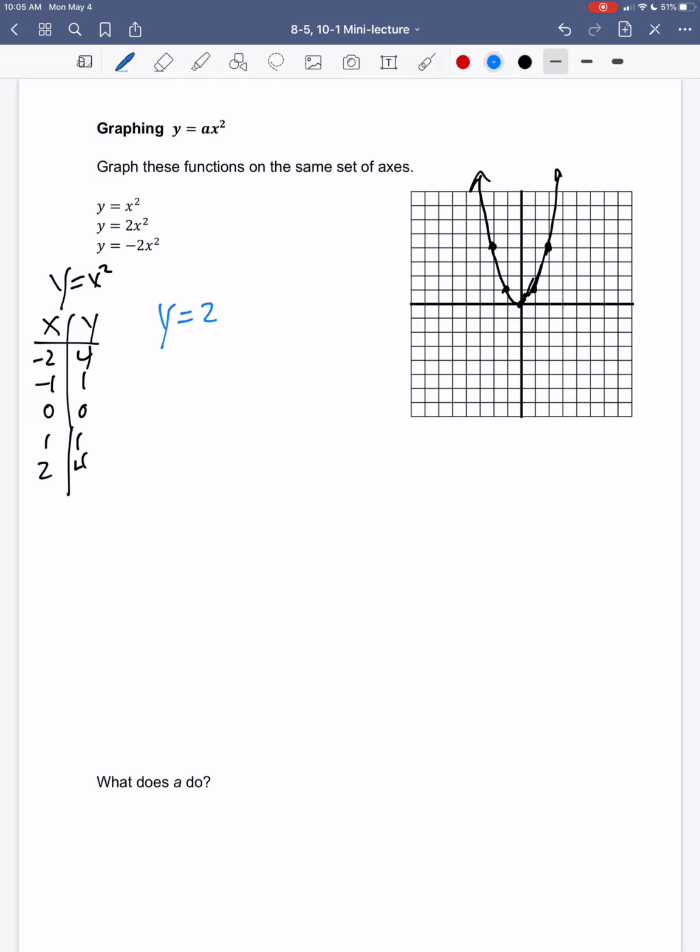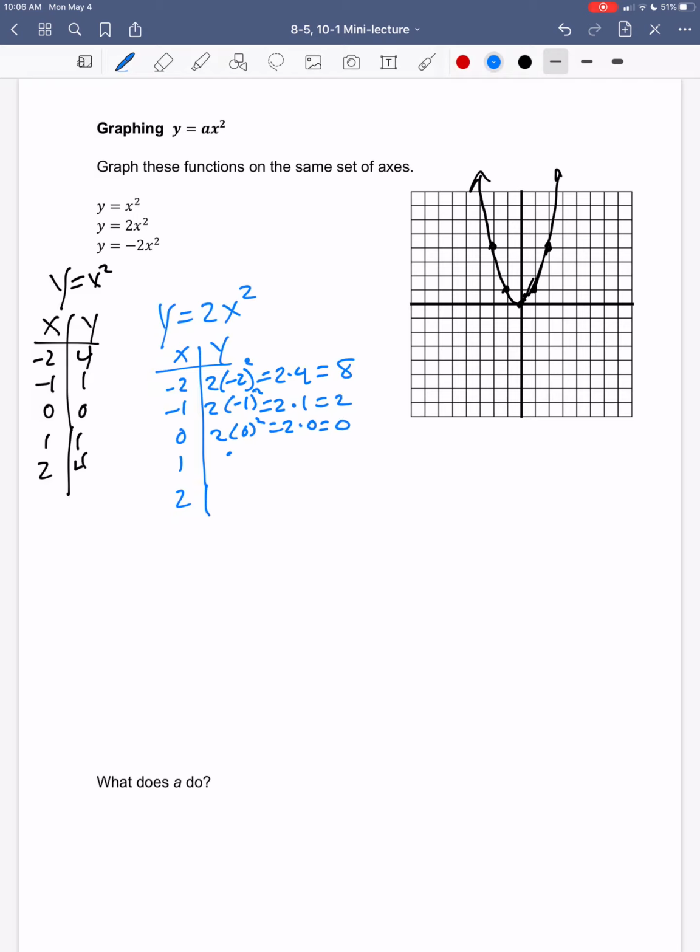If I have y equals 2x squared, well, then I'm going to get 2 times negative 2 squared. Remember, the squaring has to happen before the multiplication, so this will be 2 times 4, which will be 8. If I put in negative 1, squared is 1, so I get 2 times 1 is 2. If I plug in 0, well, 0 squared is 0.